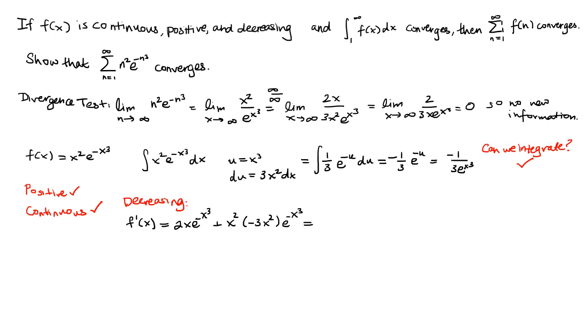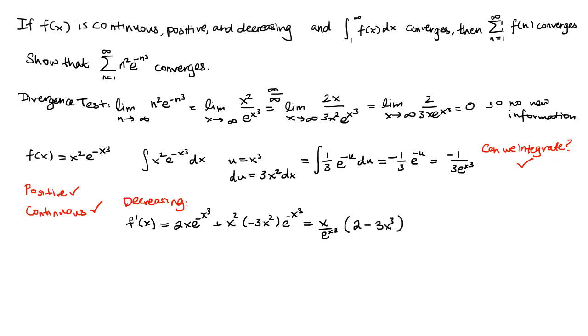All right, adding this up, we can factor out an e to the negative x cubed and an x, so we get x over e to the x cubed times, we've already factored out that x in the first term, so times 2 minus 3x cubed.